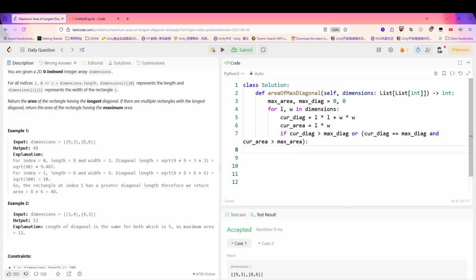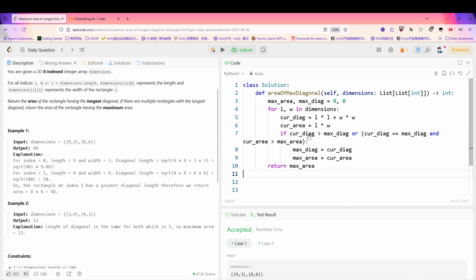So we assign our max diagonal to the current diagonal, and we assign our max area to the current area, which means updating this value in the loop, and we return the max area here.